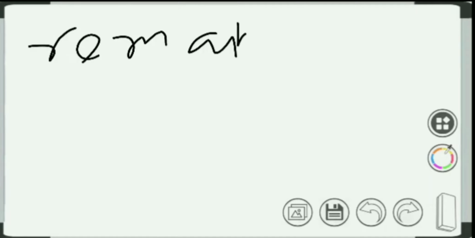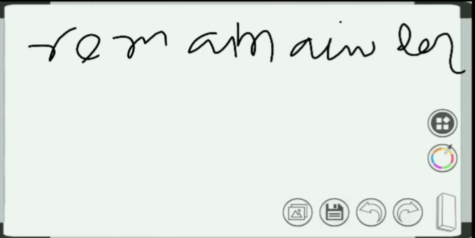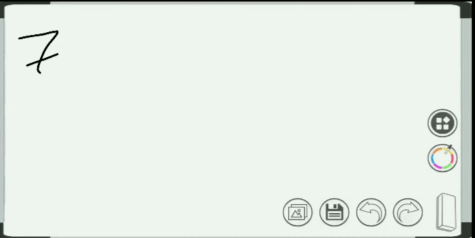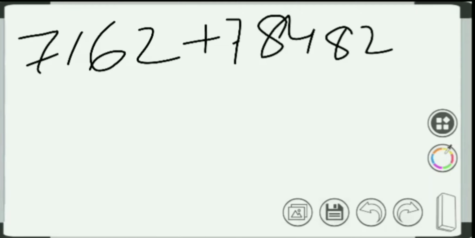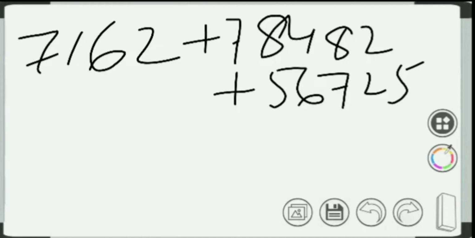Now the question is, what will be the remainder when 7162 plus 78482 plus 56725 is divided by 4?